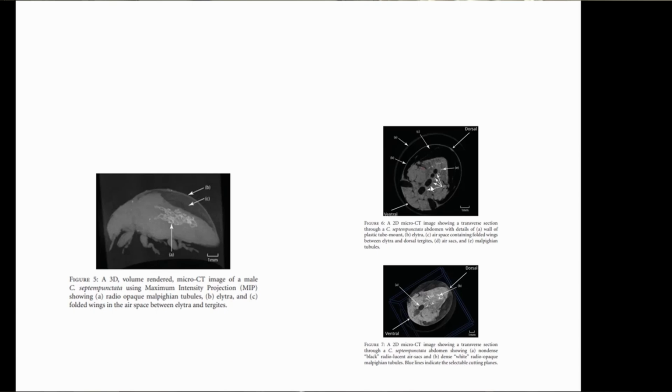These black structures are air sacs, which again we would not see in a stained sample, nor would we have seen this staining if we had gone straight to iodine.